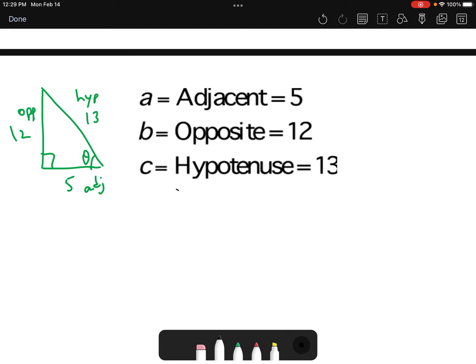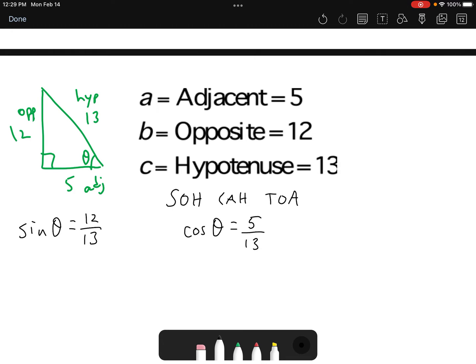So this is opposite, and this is adjacent. So if I use SOHCAHTOA, and I set up the 6 trig functions, the sine of theta then would be opposite over hypotenuse. The cosine of theta would be adjacent over hypotenuse, and then the tangent of theta would be the opposite over the adjacent.